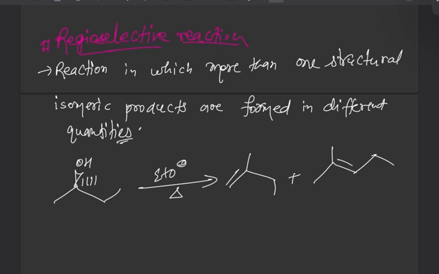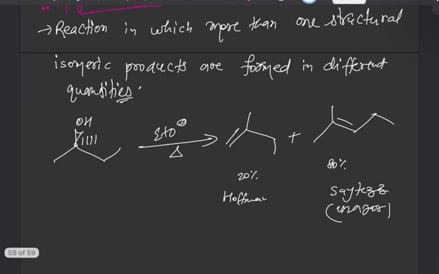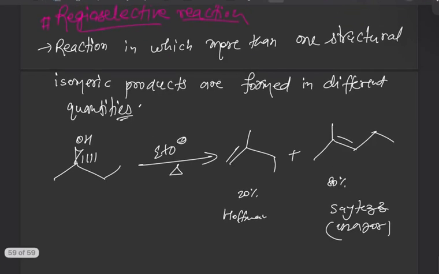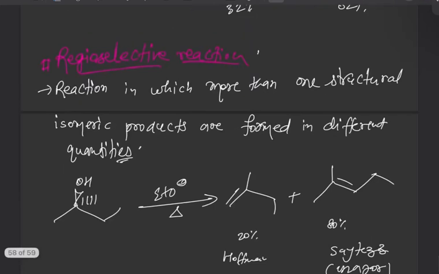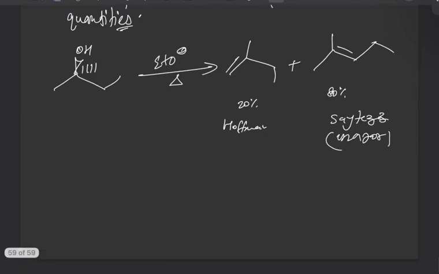The quantity of this is almost 30%, and this will be almost 20%. So this is your Hofmann, and this is your Saytzeff. Here Saytzeff is the major product. There are two structural isomers because the position of the alkene is changing. This is known as a regioselective reaction.